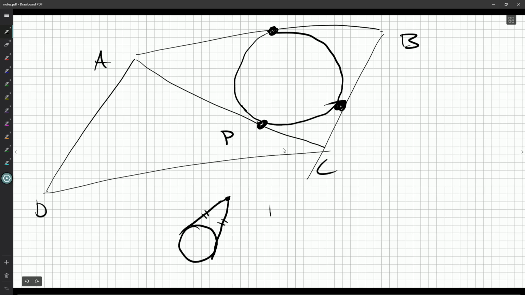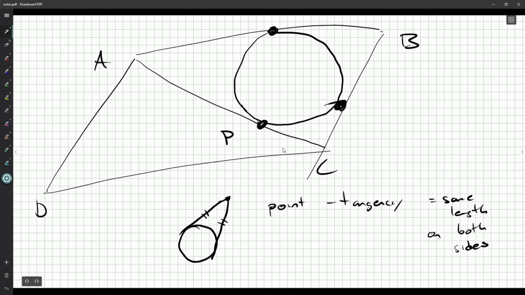So point to tangent equals the same length on both sides. I think this has a proper name. I just honestly cannot remember what it is right now, but the point is we can say that this length here is the same as this length here. This length here is the same as this length here. And we got these 2 green lengths here. Not sure why I started with 3, but okay.